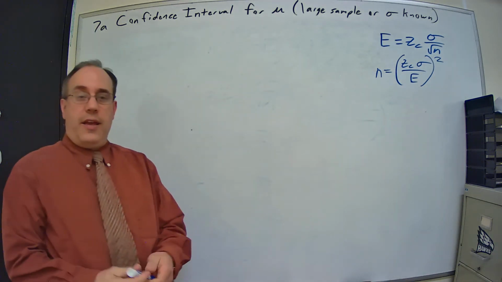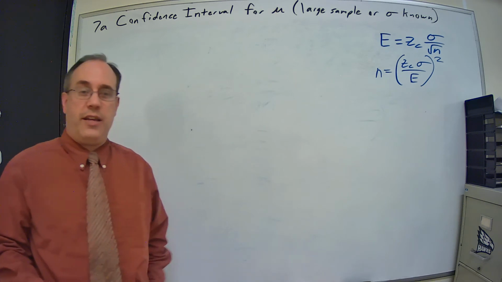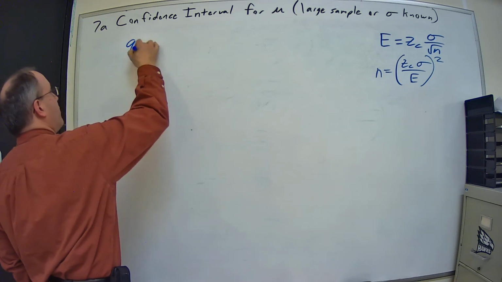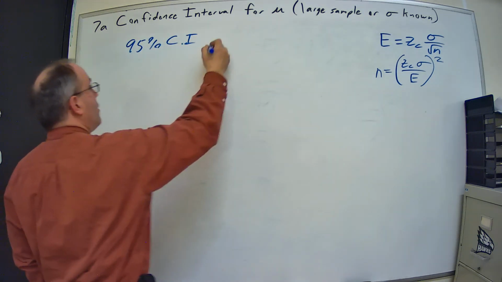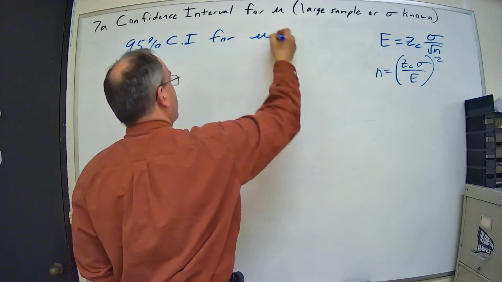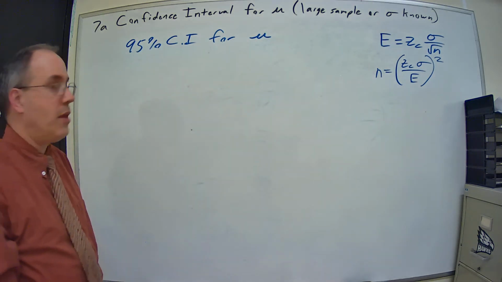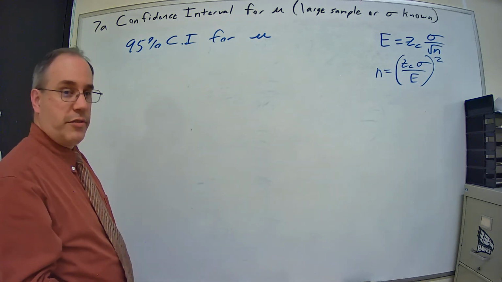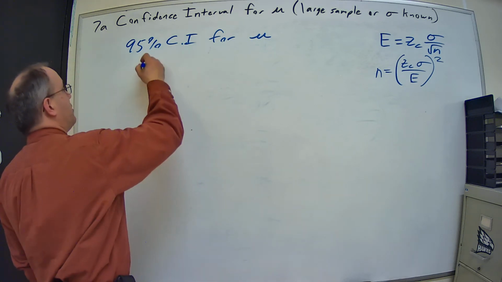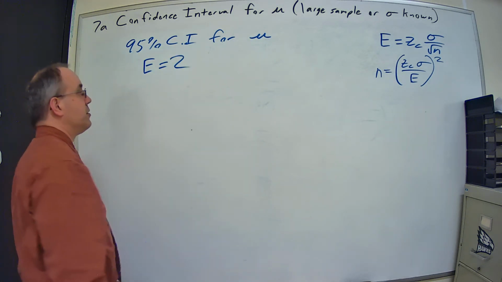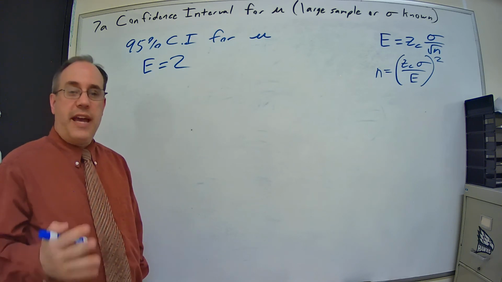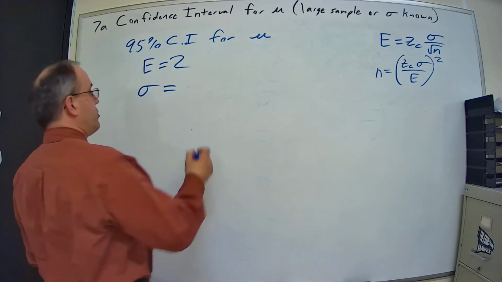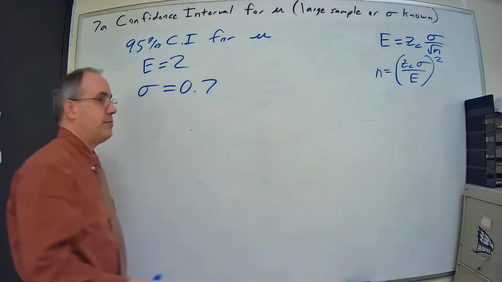Okay, so I have been tasked with finding a 95% confidence interval for the population mean with a margin of error of 2 when the standard deviation, the population standard deviation, is known to be 0.7.